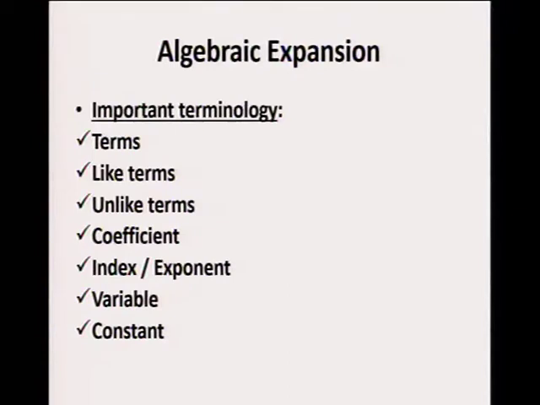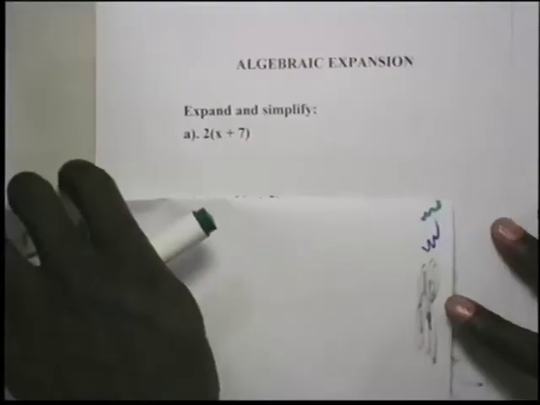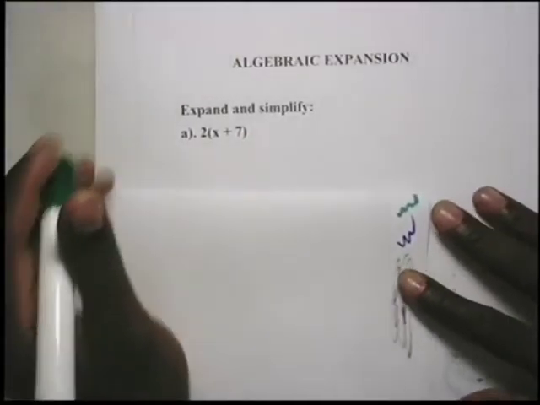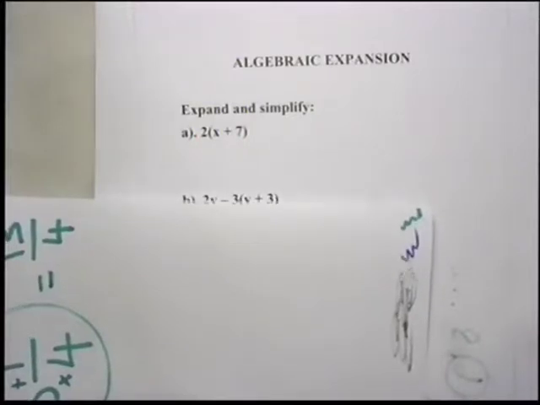Now suppose we have the problem that is on the screen now, and the instruction is expand that algebraic expression and simplify where applicable. So now brackets in mathematics means multiply.